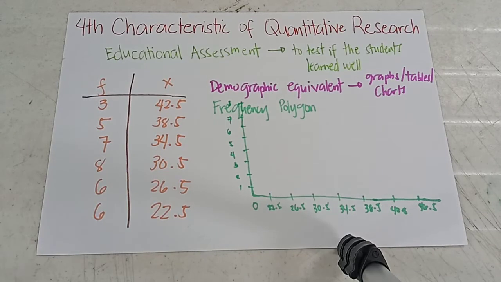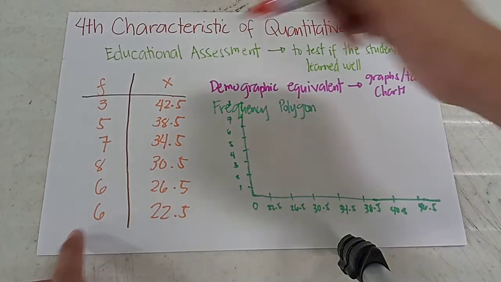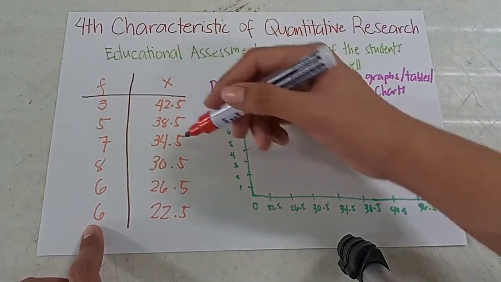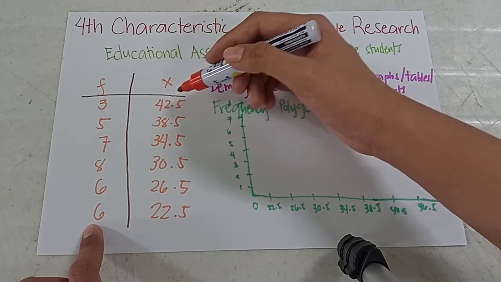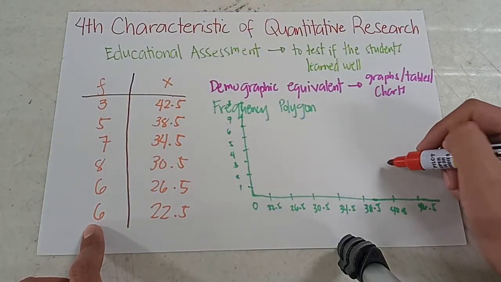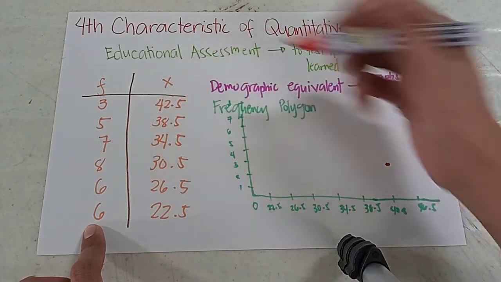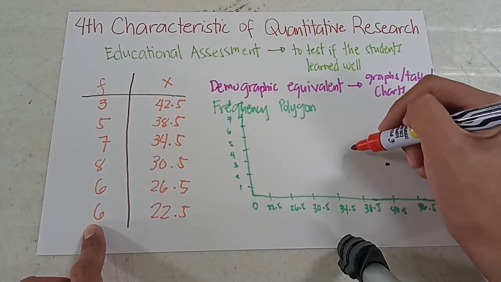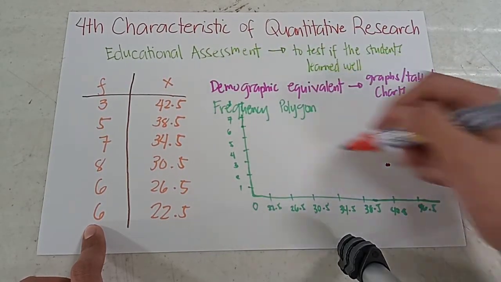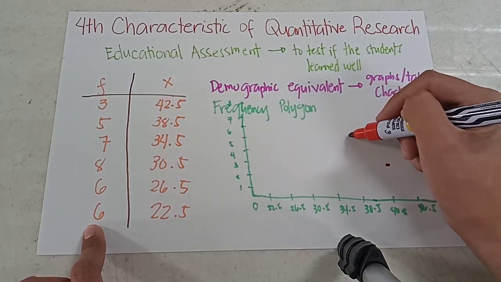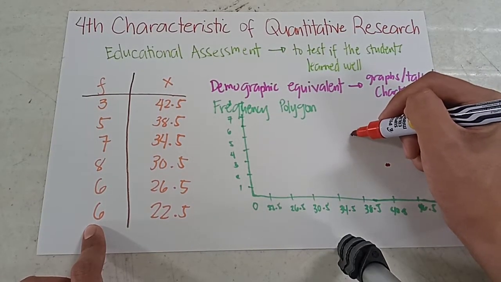Now let us try to plot the points of this table. The frequency is 3 and the score is 42.5, so we will have it here. Then 38.5 and 5, we will have it here.